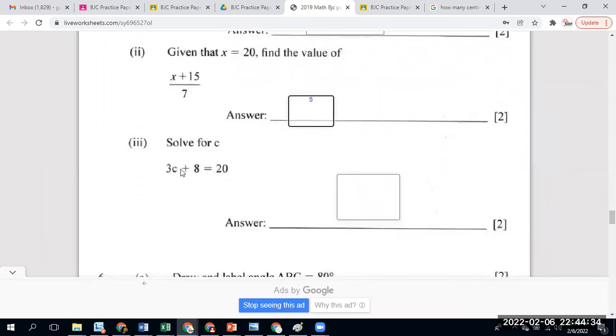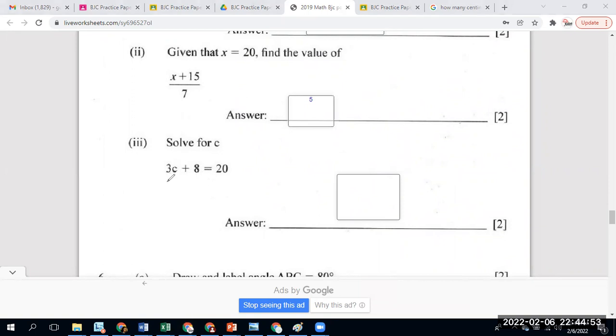Next, we're going to solve for C. So this is an algebraic equation, and we're solving for C. Let me go ahead and write this one out. I'm going to annotate again.